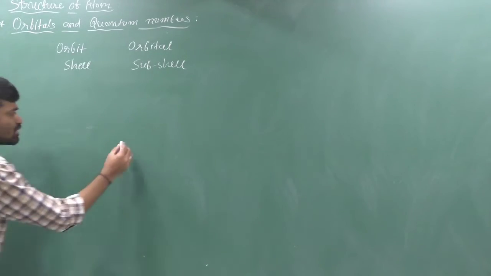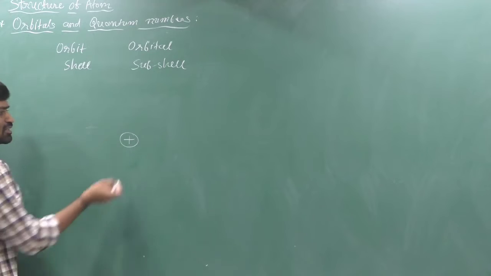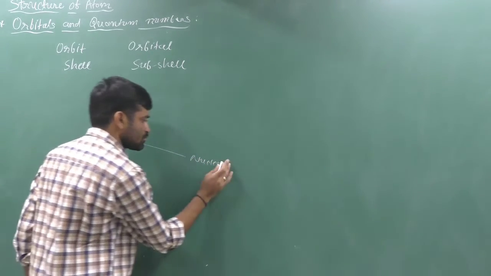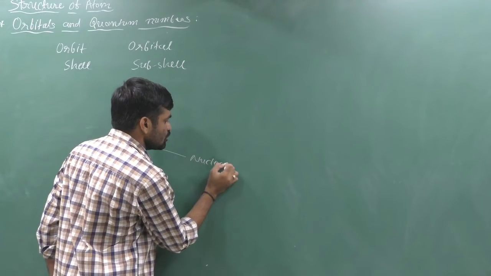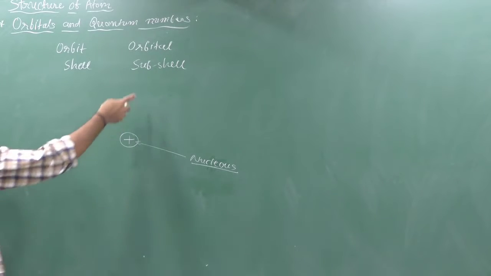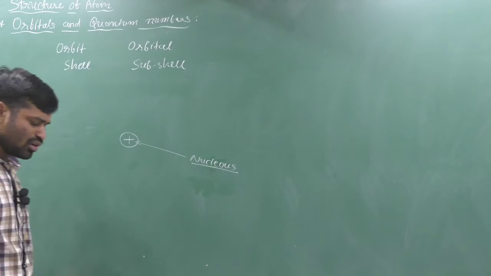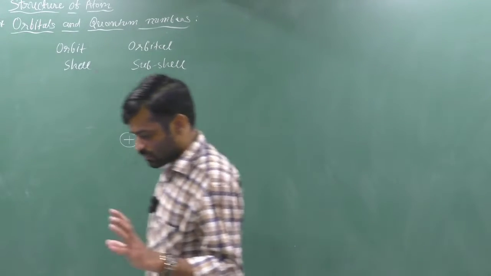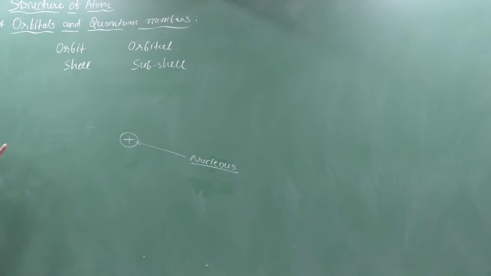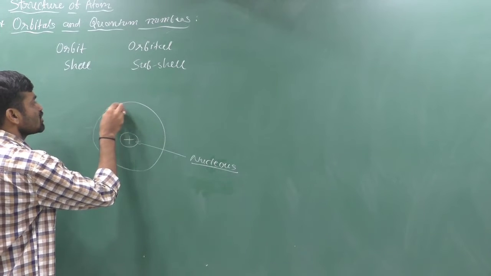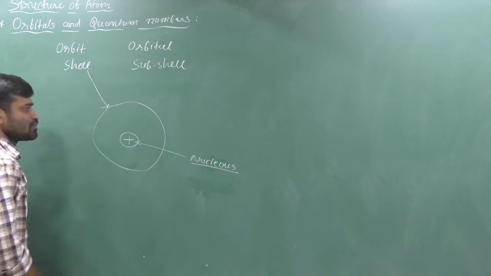Suppose you think about any atom which has a nucleus, which is positively charged, and electrons move around the nucleus in a particular circular path, but it is not a certain path. The probability of finding the electron is maximum in this circular path. Suppose this is the circular path, then this circular path is known as orbit or cell.